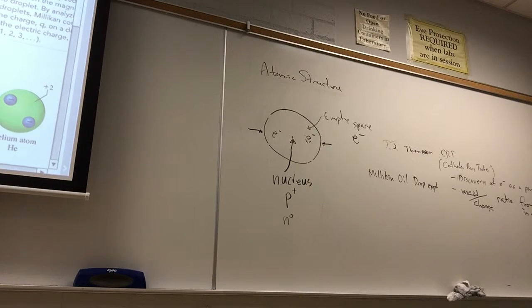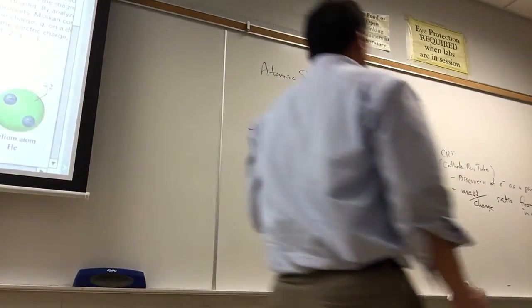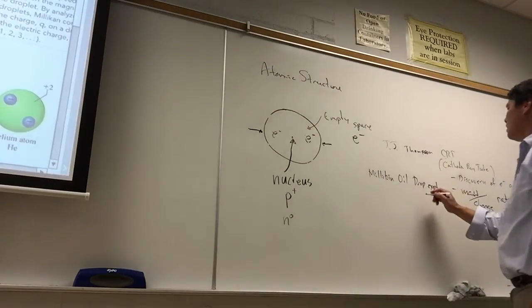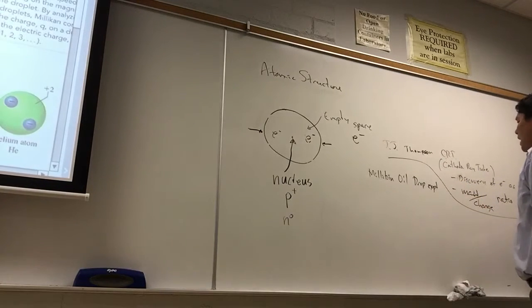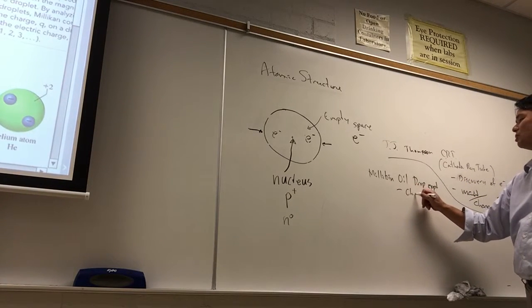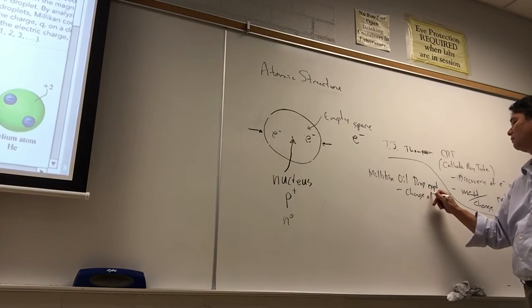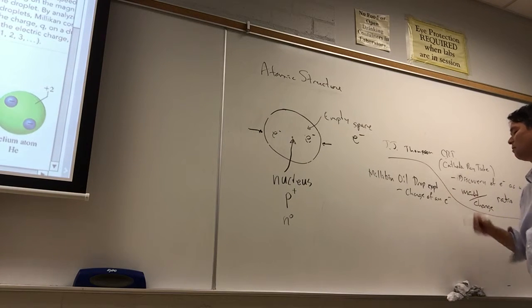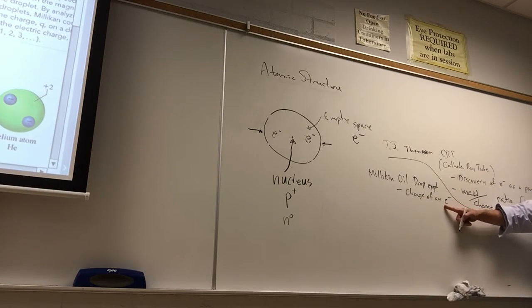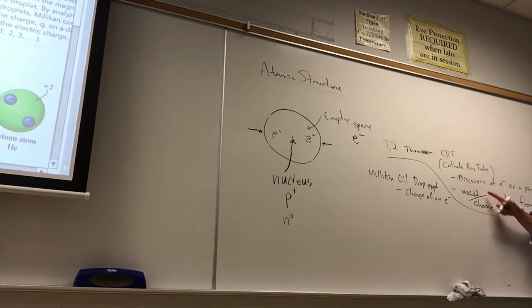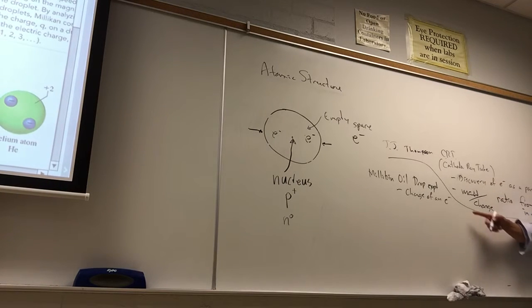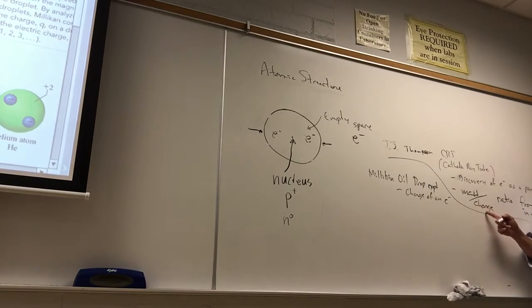And so based on how the oil droplets fell or didn't fall, he was able to determine the charge on an electron. J.J. Thomson had the mass to charge ratio, and Millikan determined the charge of an electron. If we know the charge of an electron and we know the mass to charge ratio, then we can use dimensional analysis, cancel out the charge, and determine the mass.